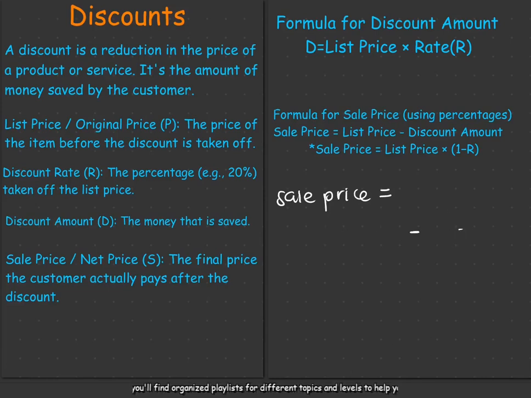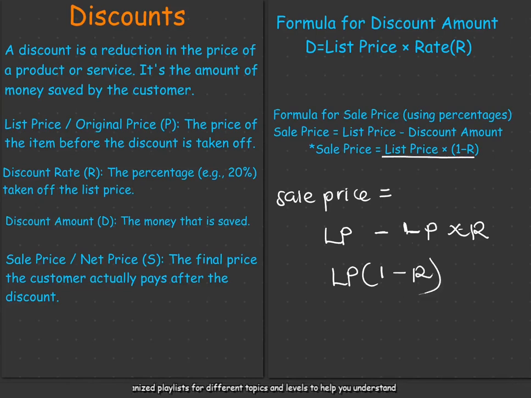So my list price minus the list price times rate. Now you realize that we have list price here, and we also have list price here. So if we factorize that, we have list price into bracket 1 minus R. And that is this other formula we have over here. It simply means if you have your rate and your list or marked or original price, you can still find your sale price directly.